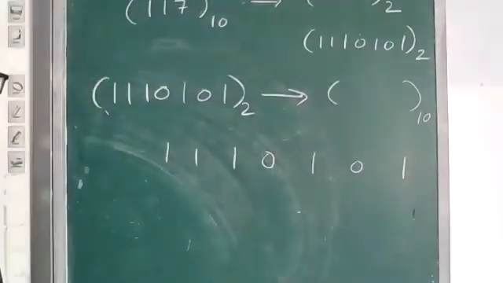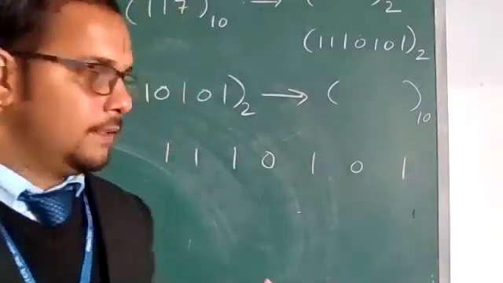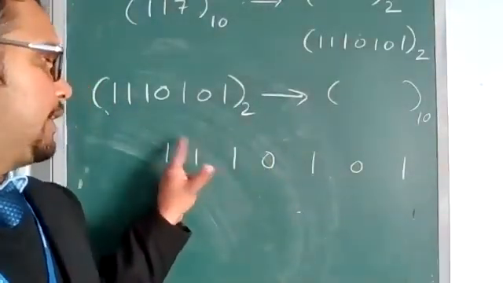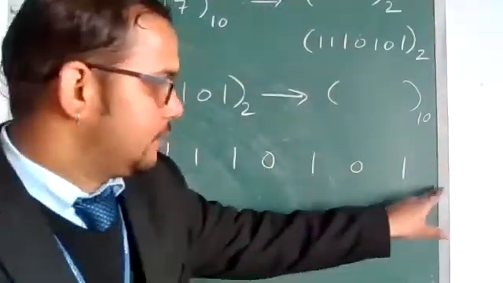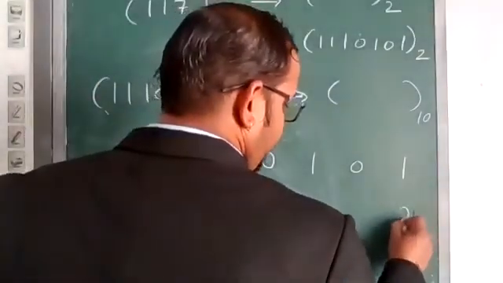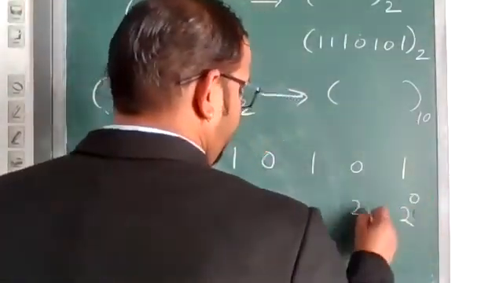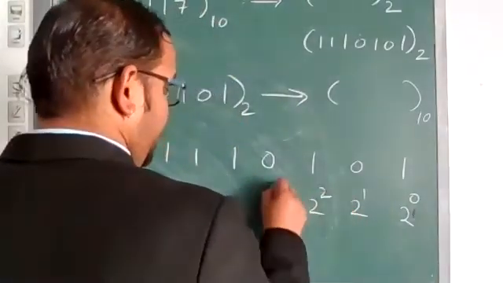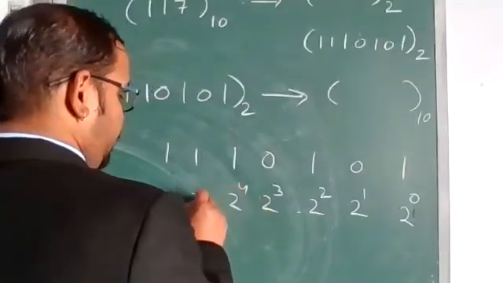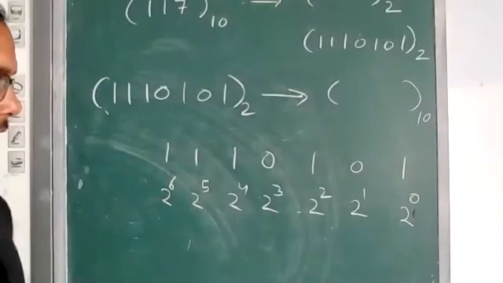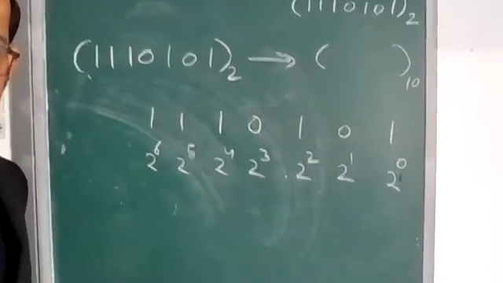In this manner you have to note down, and your numbers start from right to left, just like ones, tens, 100, 1000, 10,000, like this. So you have to start the powers of 2 from right to left. First 2 to the power 0, then 2 to the power 1, 2 to the power 2, 2 to the power 3, 2 to the power 4, 2 to the power 5, and 2 to the power 6. Then perform multiplication.